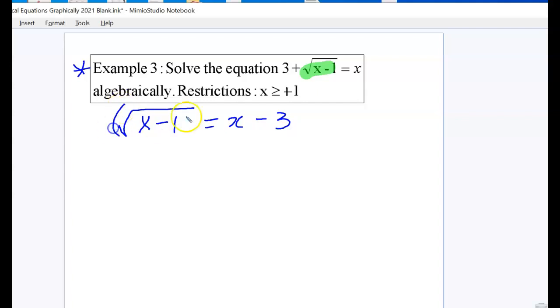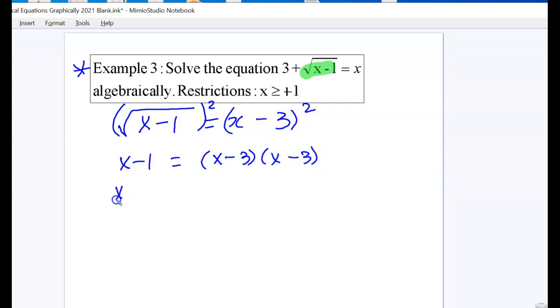Now I need to square both sides, and this is where people make a mistake. Squaring the left side is simply x minus 1, because when you square a radical, you're left with what's underneath the radical. When you square x minus 3, this really means x minus 3 times x minus 3. So you have to multiply this out to get x squared minus 3x minus 3x plus 9.